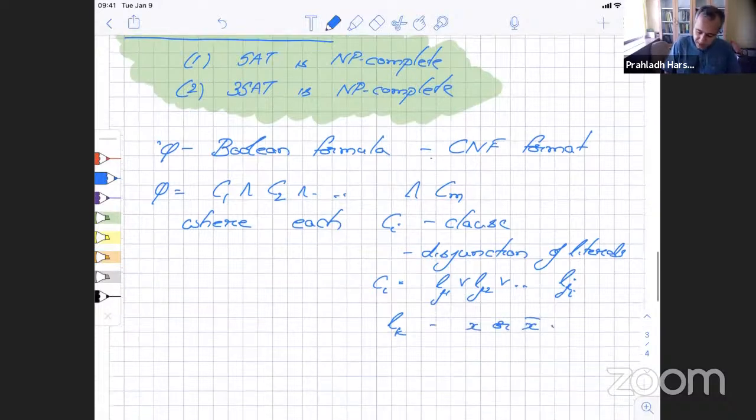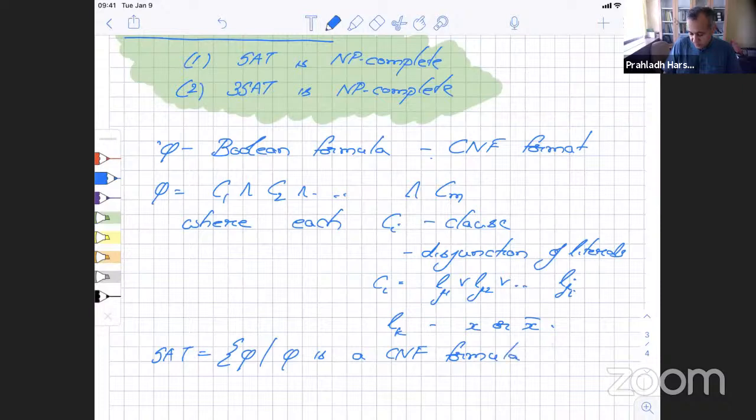And SAT is the set of all phi, where phi is a CNF formula that is satisfiable.